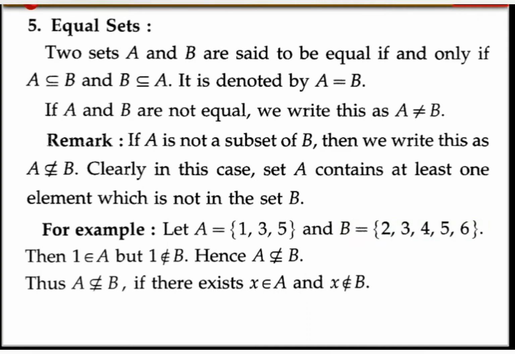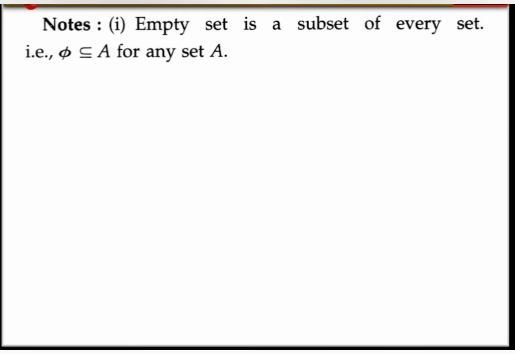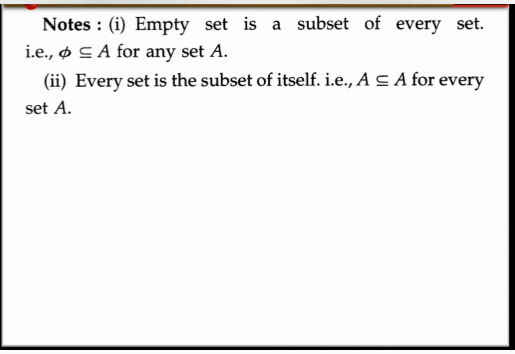Then 1 belongs to A, but 1 does not belong to B. Hence, A is not the subset of B. Thus, A is not the subset of B if there exists x belonging to A and x does not belong to B. Note, empty set is a subset of every set. That is, phi is subset of A for any set A. Now, every set is the subset of itself.